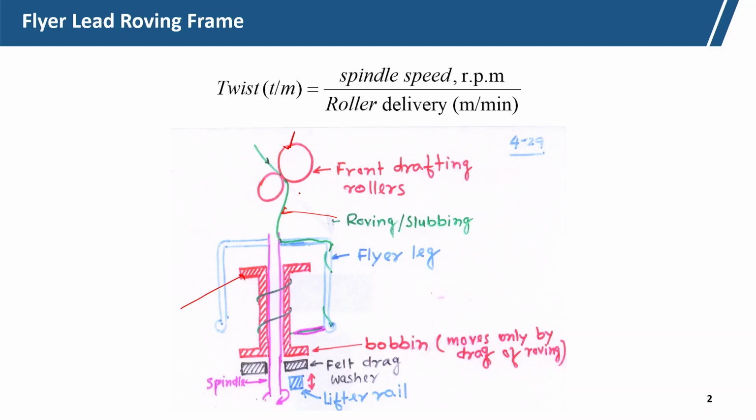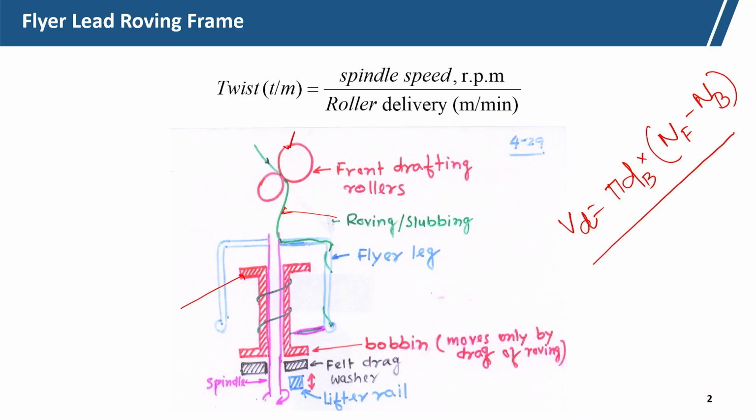So, the relationship here is that Vd equals pi times bobbin diameter multiplied by (Nf minus Nb). This is the relationship here.